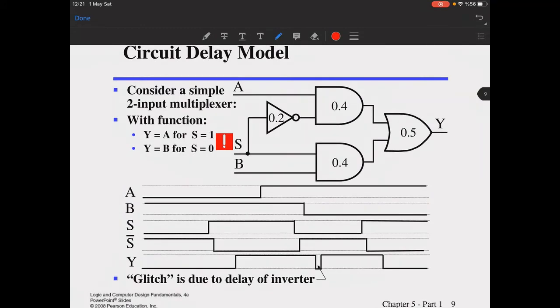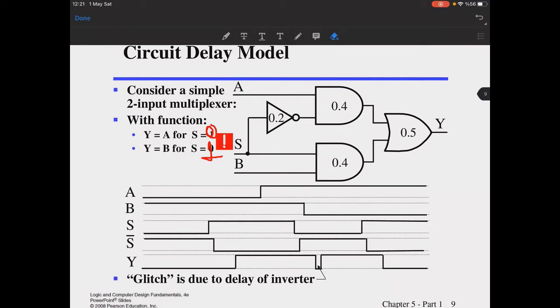So your Y output will be either A or B data depending on your selection signal here. Just keep in mind that these should be inverse. If S is 1, B is selected, okay? And if S is 0, then it means that we're selecting A here. That's the idea.